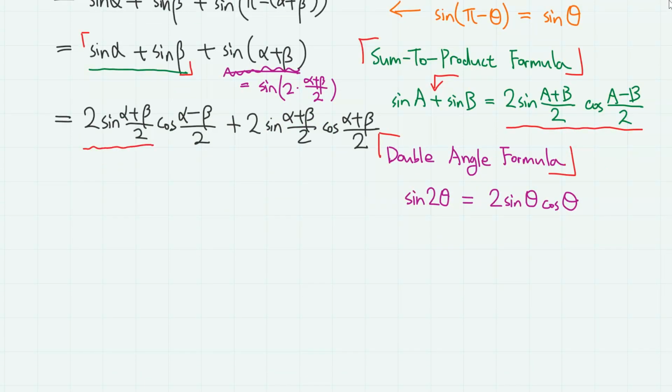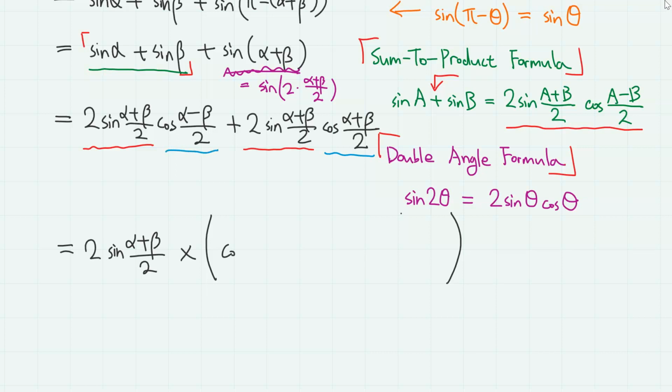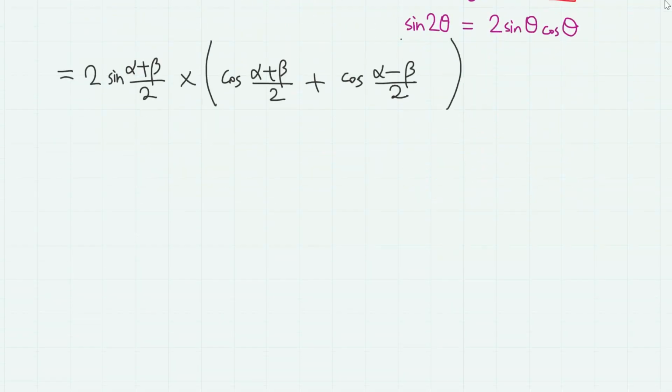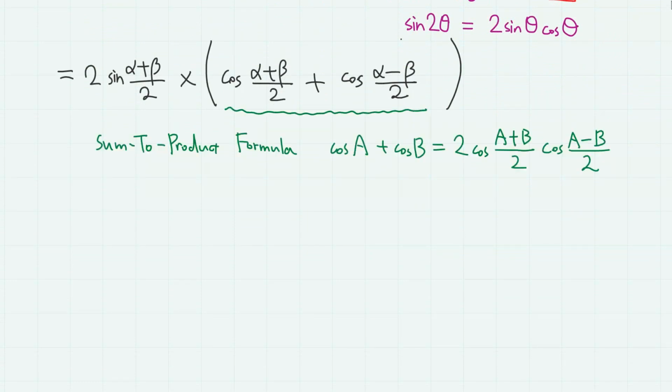So notice that now we have 2 sine (alpha plus beta) over 2 as common. So we write 2 sine (alpha plus beta) over 2 times this plus this. So cosine (alpha plus beta) over 2 plus cosine (alpha minus beta) over 2. So now we have a cosine plus cosine expression here. And here let us apply another sum to product formula, now for cosine plus cosine.